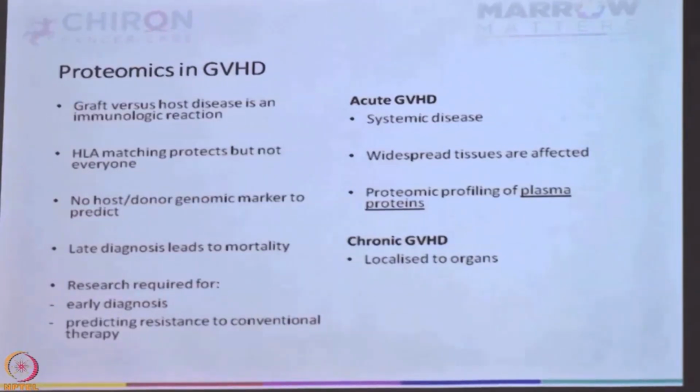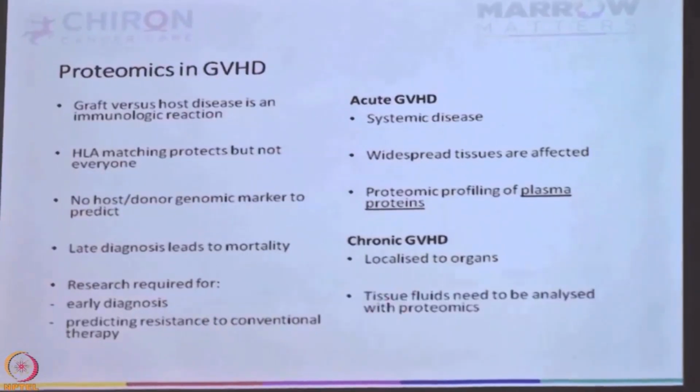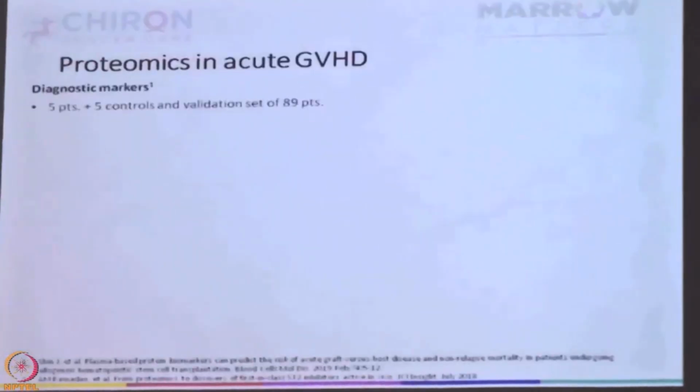So, we can look at the tears for a proteomic profiling, because this is a localized disease, right, and hence tissue fluid, tears, saliva, because the GVHD is localized to that part of the body, it is not generalized. Tissue fluid needs to be analyzed.